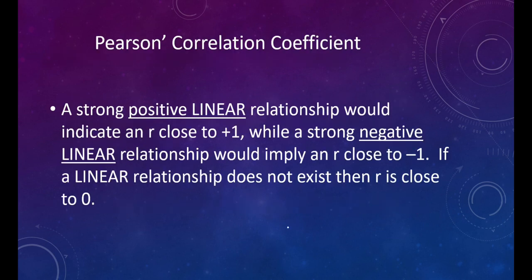A strong positive linear relationship would indicate an r value that's close to +1, while a strong negative linear relationship would imply an r value that is close to -1. If a linear relationship does not exist, then r is close to 0.